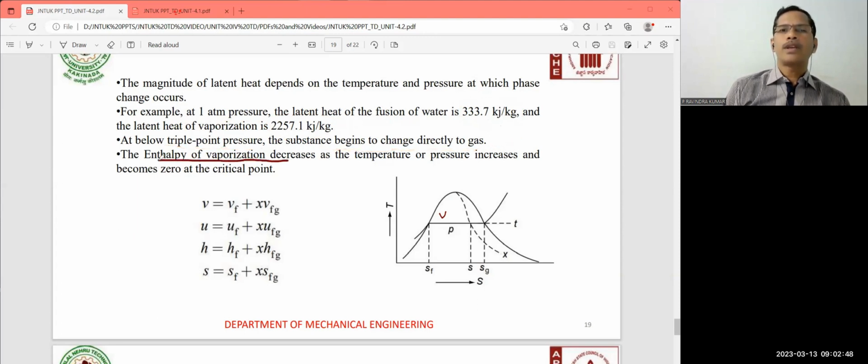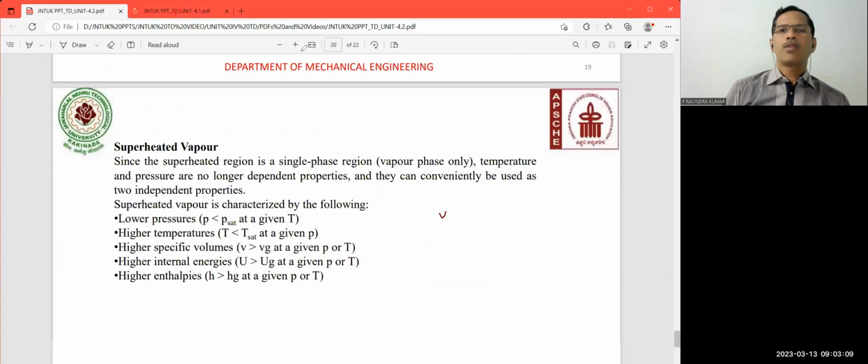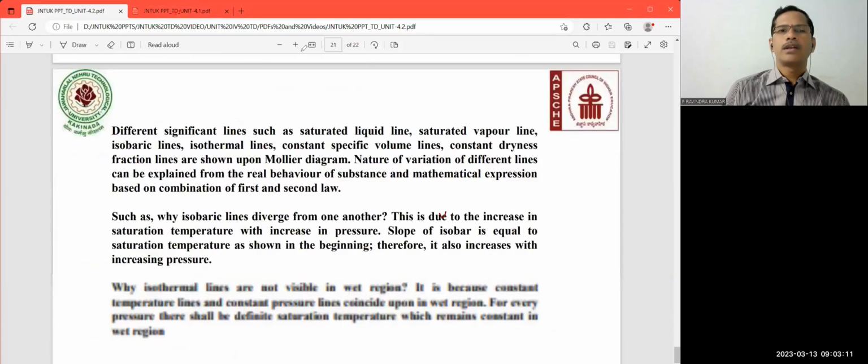Enthalpy of vaporization decreases as the temperature and pressure increase and becomes zero at the critical point. See, in this case, enthalpy of evaporation is 0 at the critical point. So the superheated vapor condition is there, right?